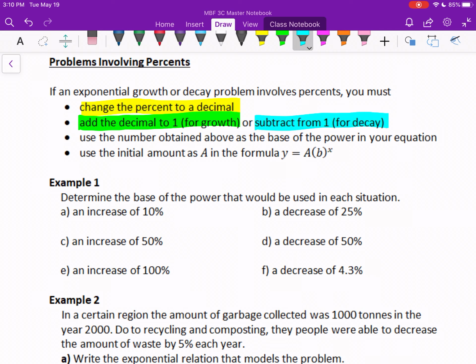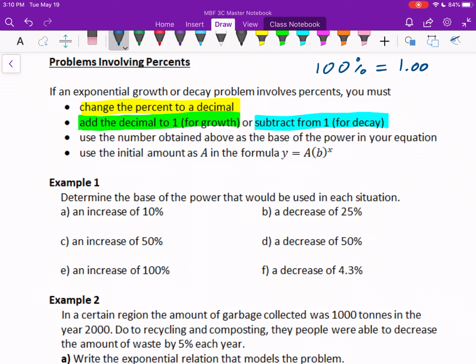Think of 1 as being 100% of something. In other words, if you had 100% and you changed it from a percent to a decimal, it would just equal 1, 1.00, or just 1, right? So if I want something to grow over time, it needs to be more than 100%. So 100% of something just means it stays the same. But say I had growth of 110%, that means it's going to get 10% bigger each time.